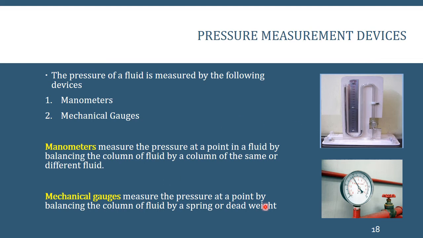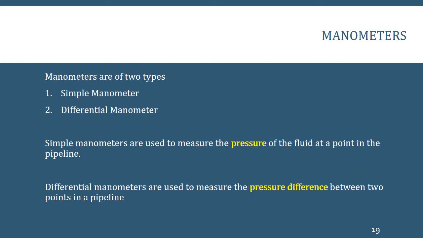In mechanical gauges, the pressure is going to be measured by balancing the column of fluid by a dead weight or a spring. That is, you are going to use mechanical means to measure the pressure at points in mechanical gauges. In manometers, you balance the column of the fluid by another fluid. So we will be discussing more detail about manometers in the coming slides.